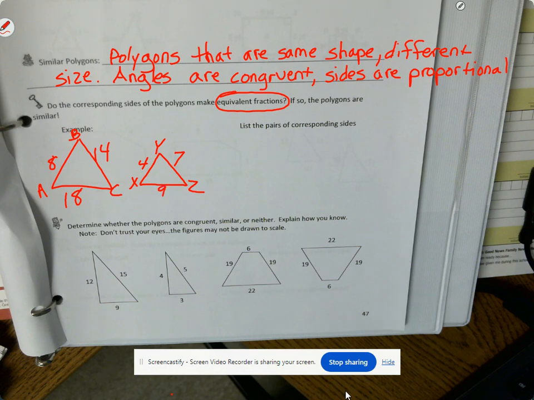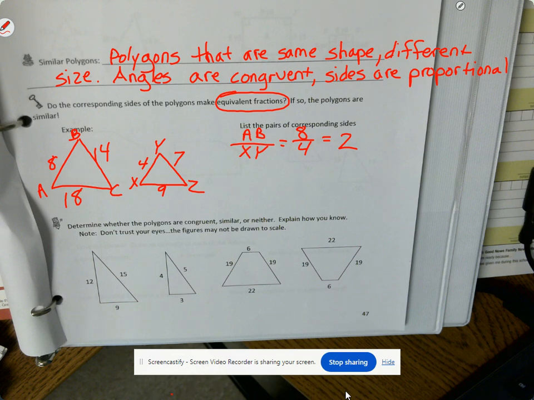So if I match up my side AB to my side XY, that would be AB over XY. So that would be 8 over 4. That equals 2. That right there doesn't tell me that they are similar.